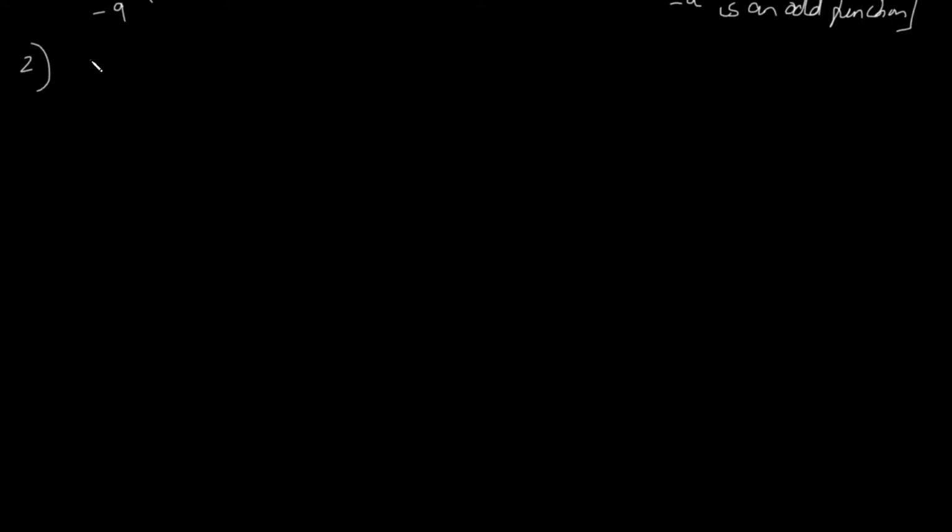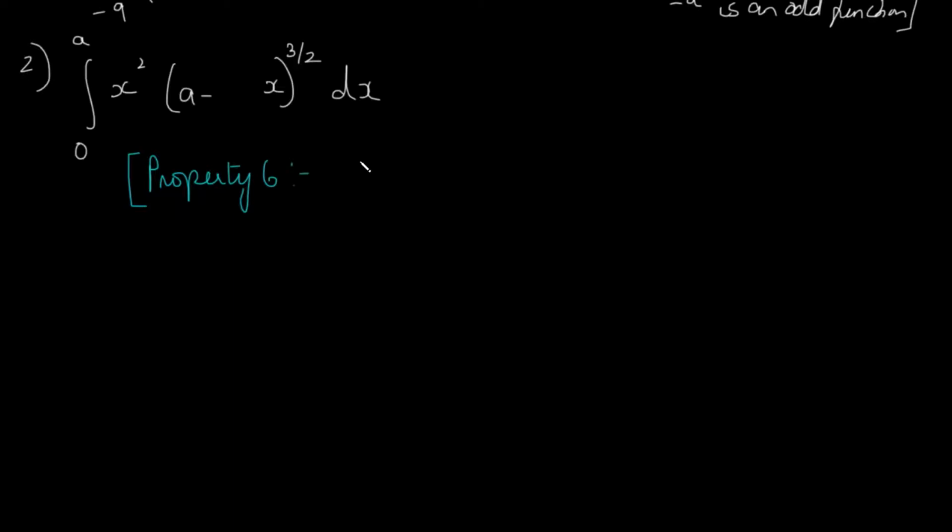The second question is the integral from 0 to a of x squared into (a minus x) the whole raised to 3 by 2 dx. Now, how to solve this sum? We see that the limit of integration is 0 to a. That means maybe we can apply property 6.